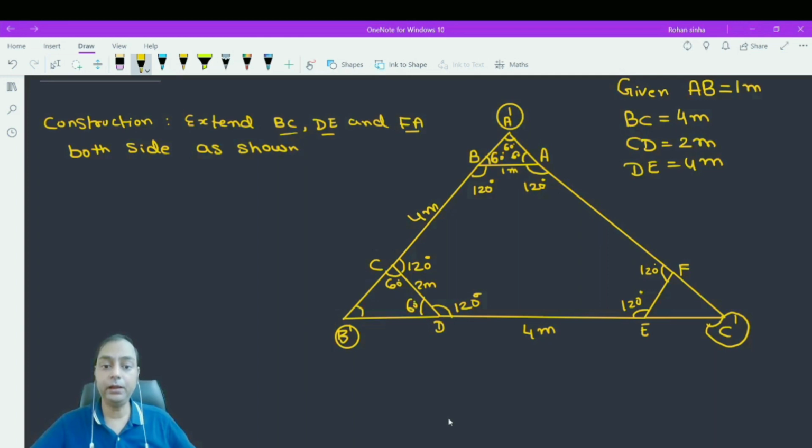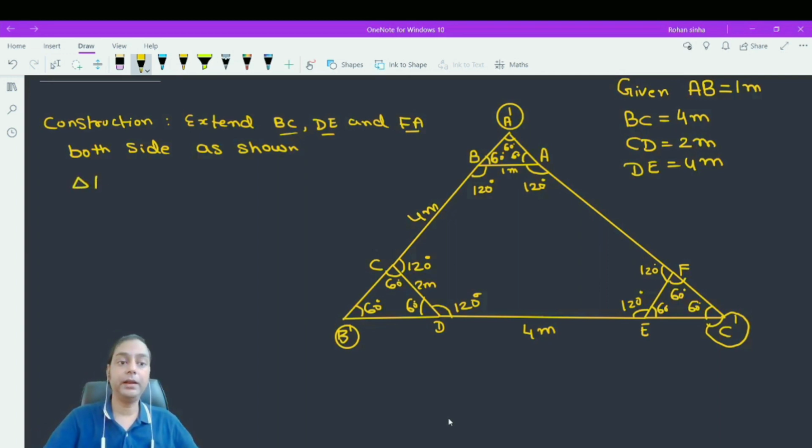And what about this angle? This also is 60 degree, because this is a triangle. So this angle is also 60 degree. Now it is clear. So what can we see? We can say that triangle A dash B dash C dash is an equilateral triangle.